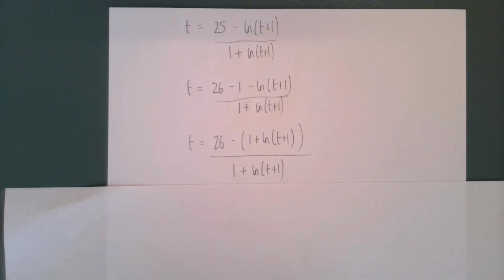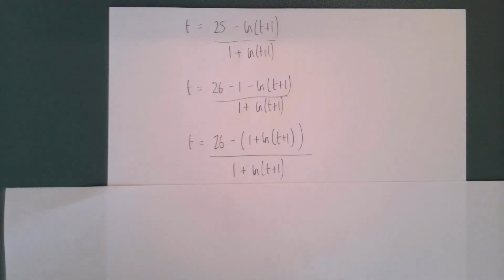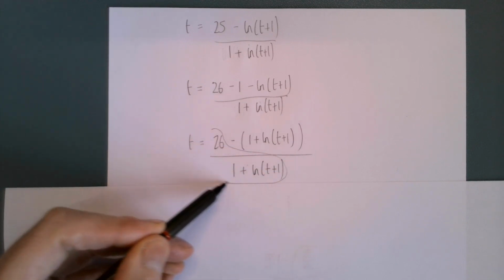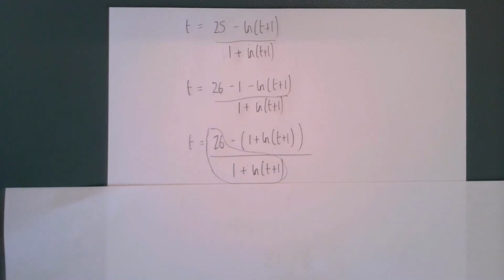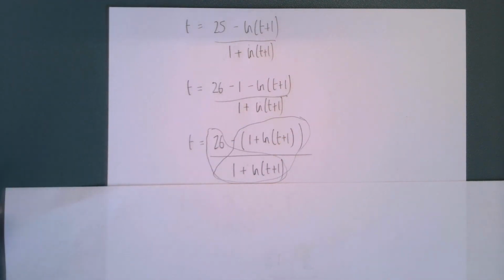Now, I've got here two things divided by one thing, which I can split. It's the reverse of what we do when we add two fractions with a common denominator. So I can have that as one thing minus that as another thing.